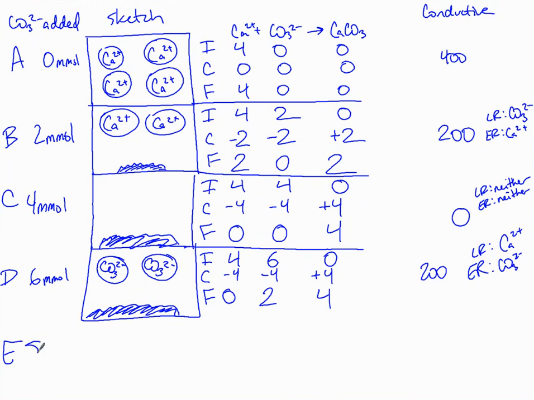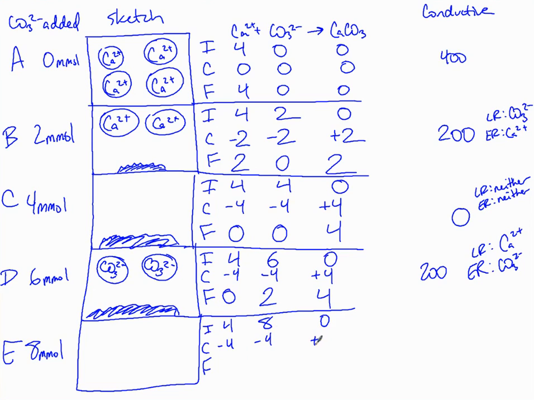Looks like everybody's catching on and working pretty quickly. So we've got one more to do here. Original calcium 4, adding 8 carbonate, using 4 calciums, using 4 carbonates, making 4 of the product: 0, 4, 4.